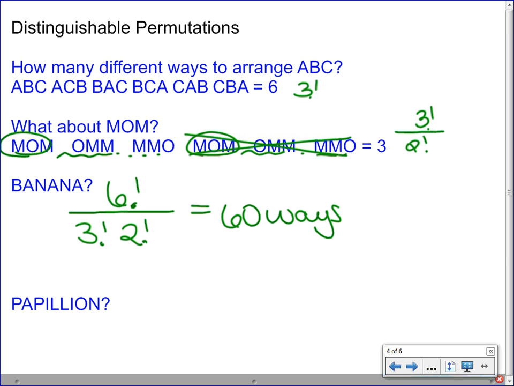Find me papillion. How many ways can we rearrange the word papillion? 9 letters.